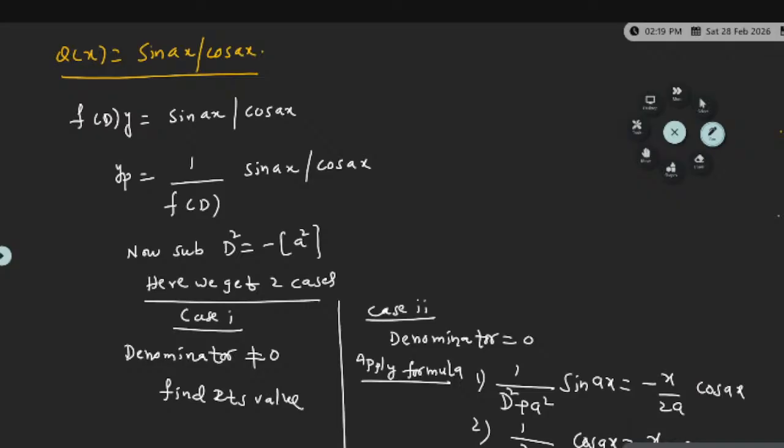Note this. And finding the value means sometimes we have to rationalize the terms. The rationalization, simplification, that is very easy. I will explain while solving the first problem.